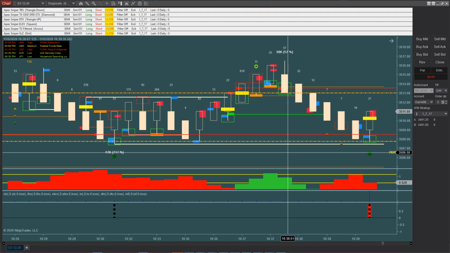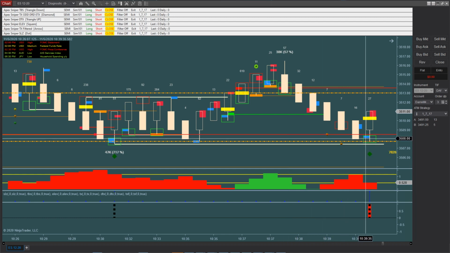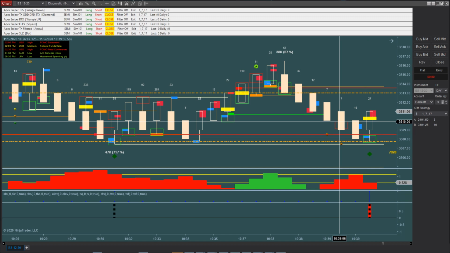So looking at this trade, let me ask you a question that's a little bit off topic, but very on topic for any trade you take. Where do you think your stop should be on this double TX? Where do you think the best place to put it is located?